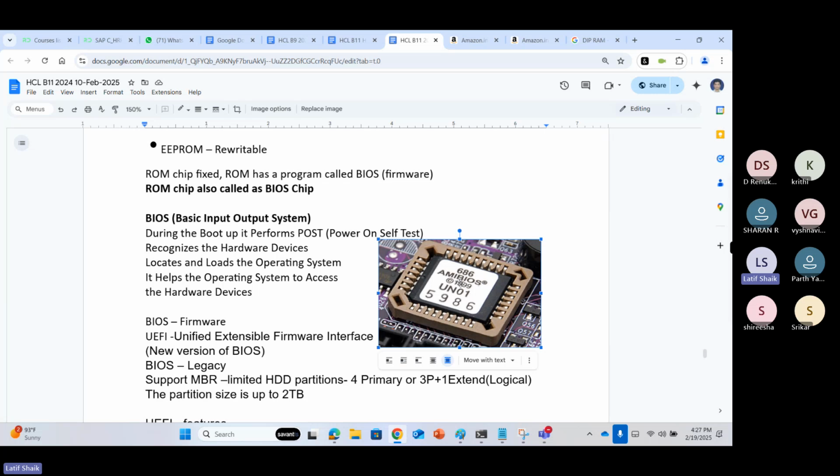BIOS also recognizes your hardware devices, and BIOS will also tell how to load the OS from your hard disk or CD-ROM like that. Okay, this is about a simple form of BIOS. So when you power on your system, it will load its hardware information.